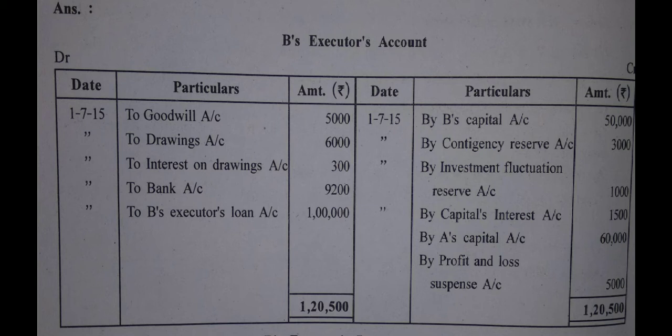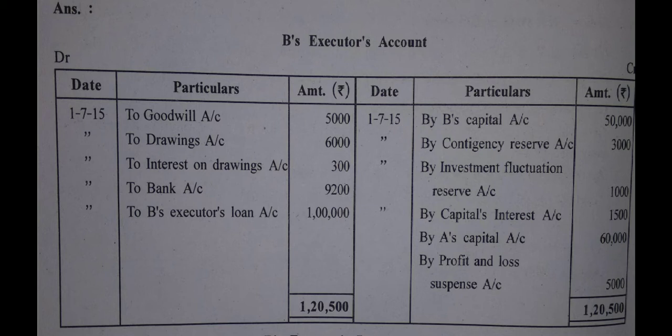We need to understand this. So, firstly, if you are using your calculator, 1,20,500 minus 5,000 minus 6,000 and minus 300 gives you 1,09,200.